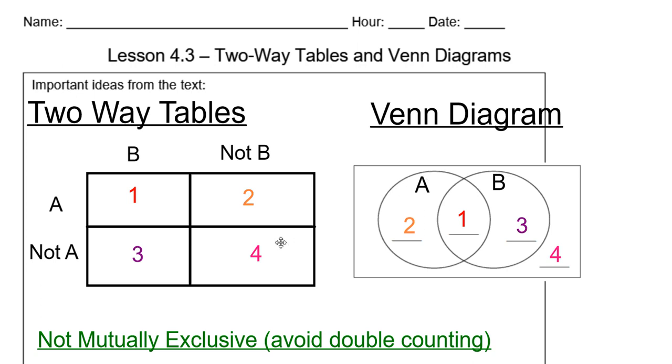Now, when I'm talking about just event B happening, just event B, not including A, this lower left-hand box of your two-way table goes in the right moon of your Venn diagram. If it doesn't qualify for either event A or B, that's on the outside of your Venn diagram. But again, our total should come from adding all of those pieces to give you the total in your sample.